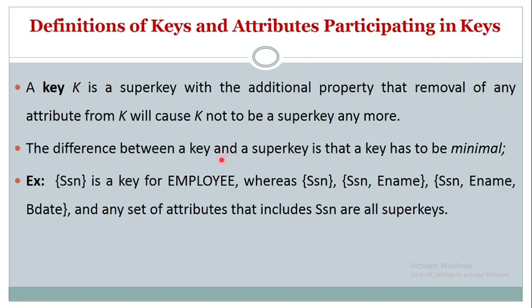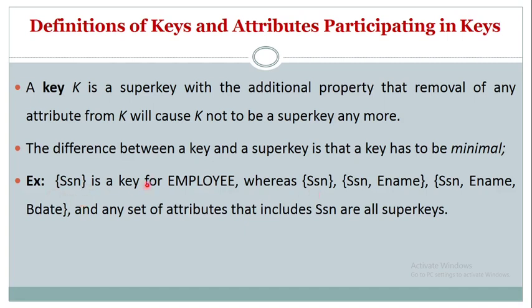The difference between a key and a super key is that a key has to be minimal. A super key can have some redundant attributes. Consider a super key here: SSN, employee name is a super key where SSN is a key.